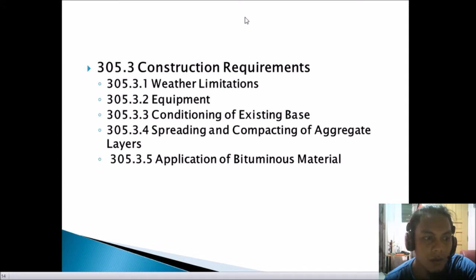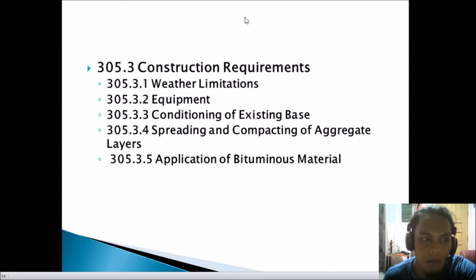The roller shall be self-propelled steel wheel, pneumatic, or tandem type. The number and weight of rollers shall be sufficient to compact the layer to the required condition. They are used to compact the layers of our aggregates.